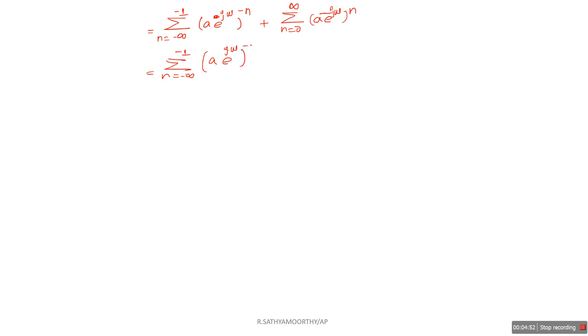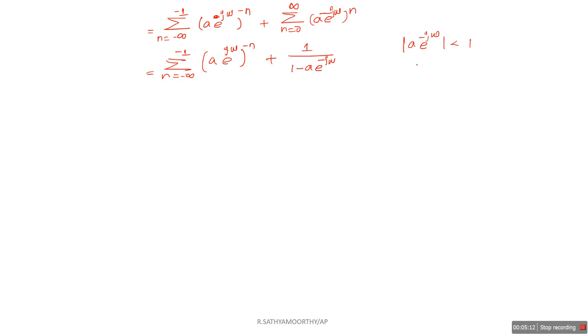Okay, so now if we apply the same formula over here, let's write the terms. The summation n equal minus infinity to minus 1 a e power j omega whole power minus n, plus the summation n equals 0 to infinity a e power minus j omega whole power n. The second part can be written as 1 by 1 minus a into e power minus j omega, provided the condition mod of a e power minus j omega is less than 1.